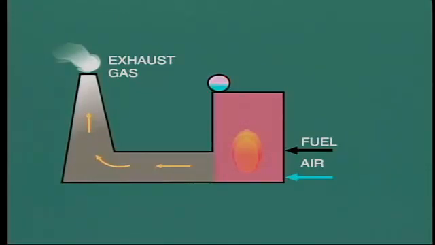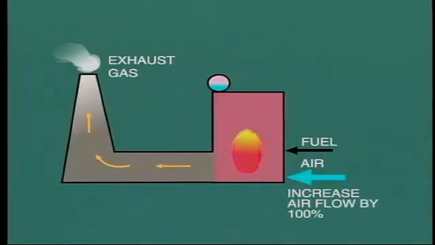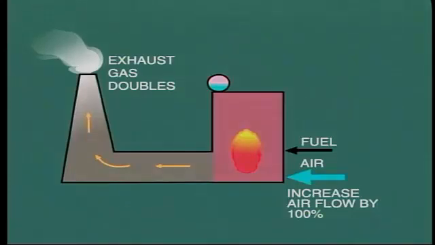The temperature of this gas is usually about 300 degrees Fahrenheit. Consider then that if we increase the amount of theoretical combustion air by 100%, we would almost double the amount of gas leaving the chimney carrying heat to atmosphere. Clearly, this will result in increased heat loss and a decrease in boiler efficiency.